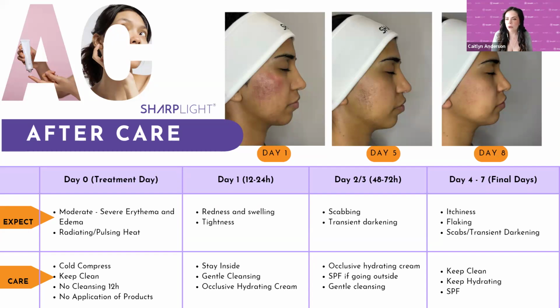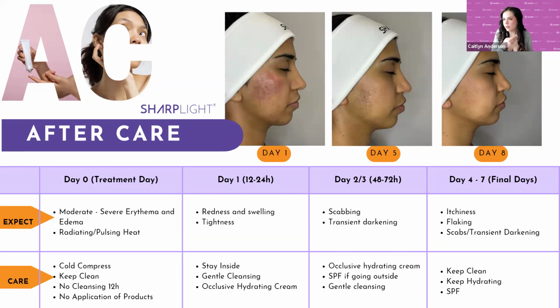Okay. For your 48 to 72 hours, so this is your 2 to 3 day post-treatment, you're definitely going to have some scabbing. You're going to start seeing that separation of the layers of the skin. The skin that's going to shed is going to look darker. So this is what I call transient darkening. It doesn't last for very long, but even in my day 5 photo there, you can see that those spots are scabbed and they're pigmented.